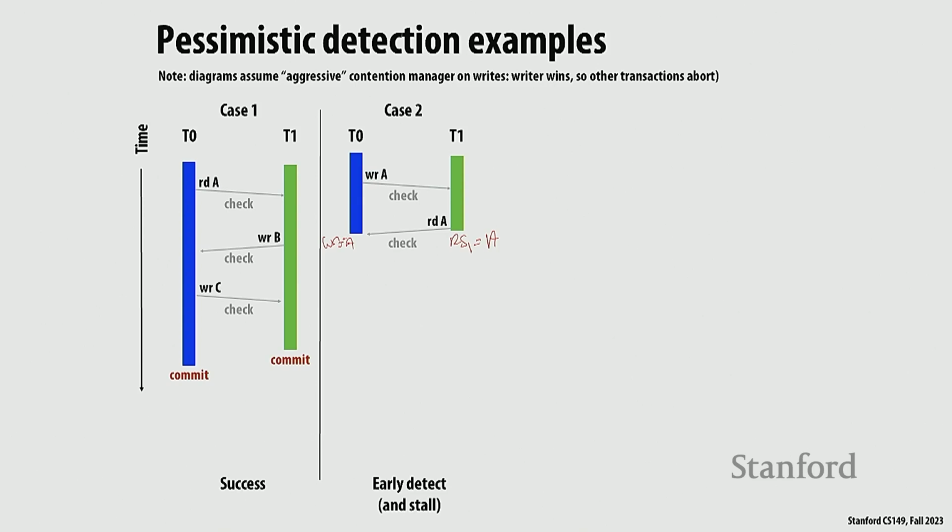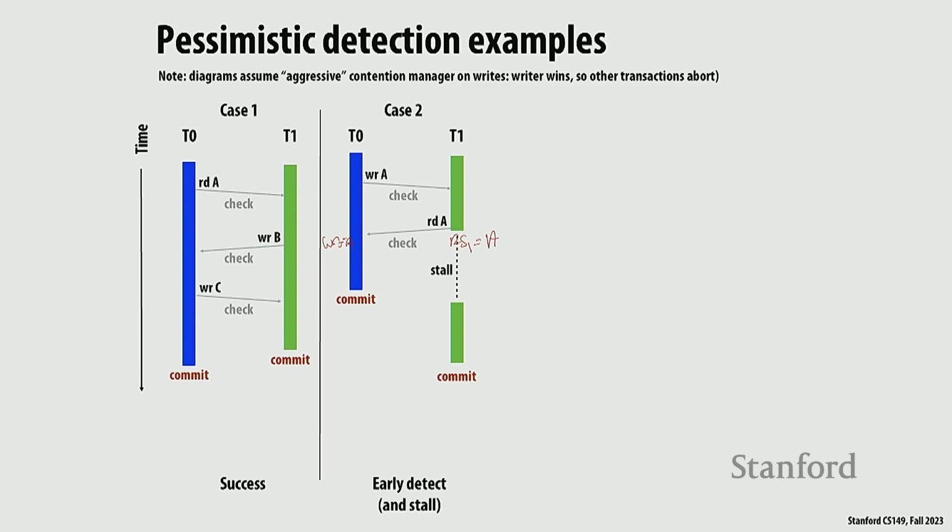And what would be the benefit of stalling transaction 1 as opposed to aborting? Yeah, you don't have to do the read of A again. All the work done in the transaction so far does not have to be flushed. I can just hold the state of transaction 1 until transaction 0 completes, and then I can resume transaction 1 until it completes. So this is an early detect and stall.